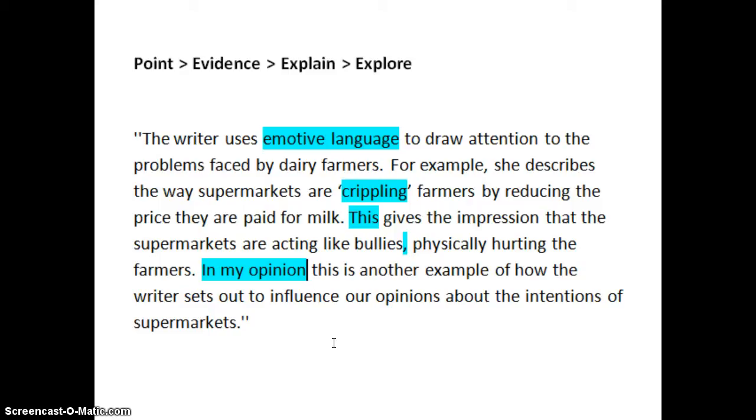So we see that the student's taken this opportunity to explore, to unpack a little bit more fully the use of emotive language and how that links up with the writer's earlier use of language. You see here another example, so that refers back to an earlier point that the student has made in the answer. So this little paragraph then is a good example of how you can follow that sequence: point, evidence, explain, explore.